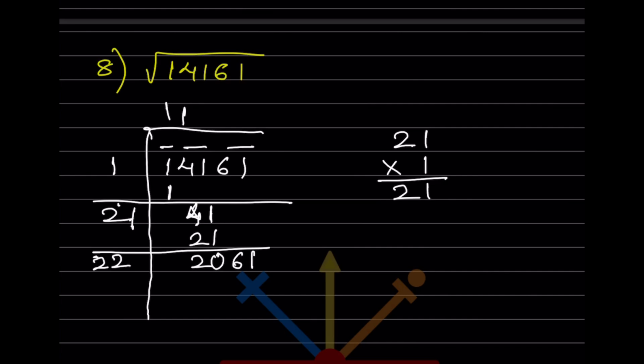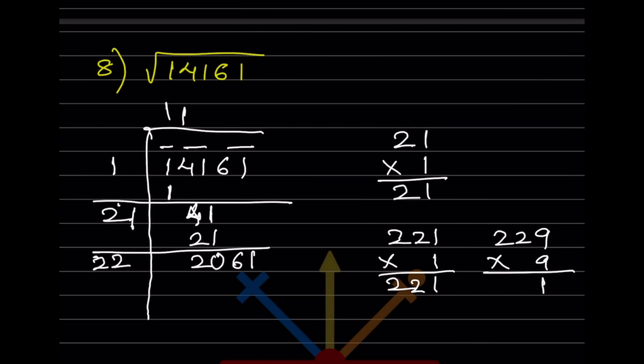So now we will see for this 61, the unit place is 1. So it will be 1, or it should be 9. So here it is going to be 21, 1 is going to be the same number.